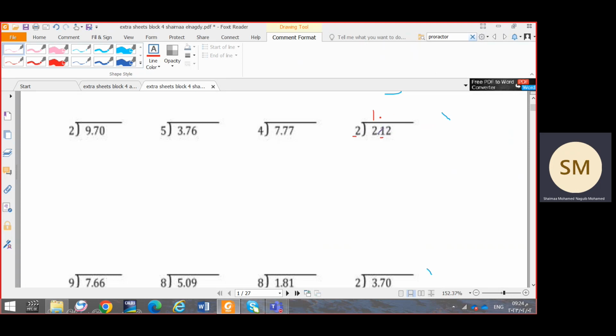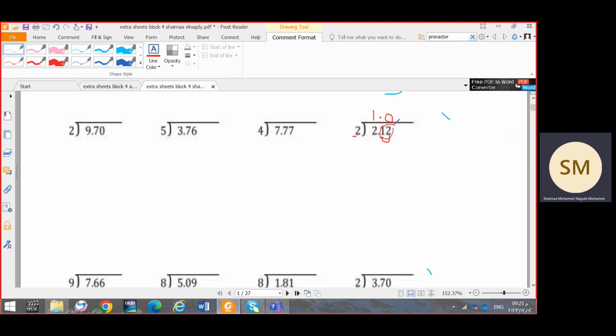So you will say to yourself, there is no 2 in 1, so it makes 0, and you will put the 0 here because 1 is a digit in the dividend.